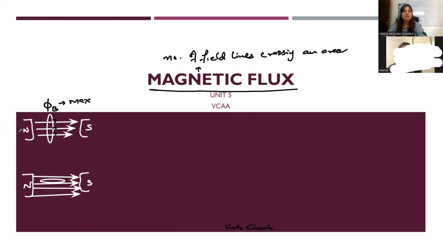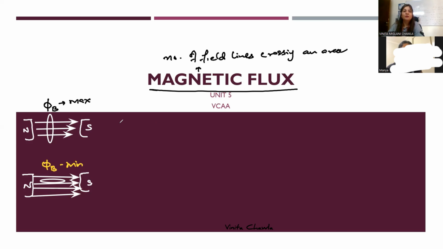So when the coil is placed perpendicularly, then the maximum field lines can cross through it. So phi B is maximum. But in the second situation, when the coil was placed horizontally, then you can see no field lines are crossing the coil and magnetic flux is minimum or zero, we can say. Mathematically, it is zero and theoretically, it is zero and practically, it is minimum. Clear?